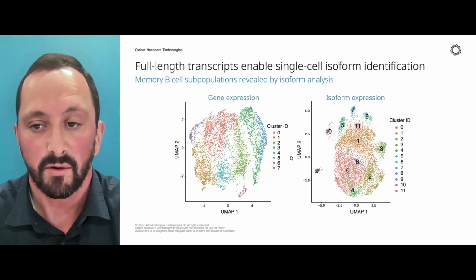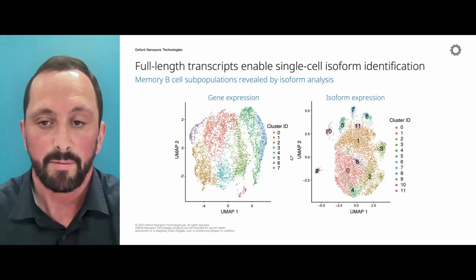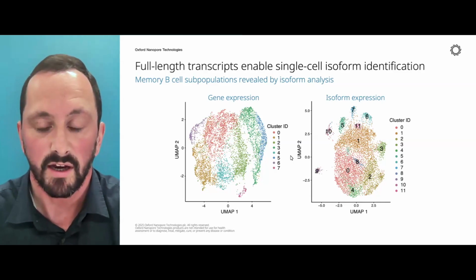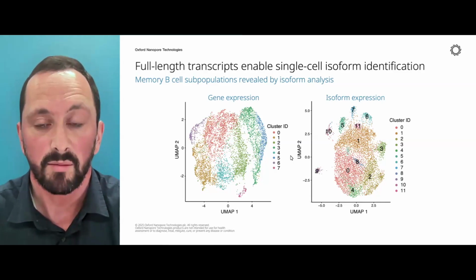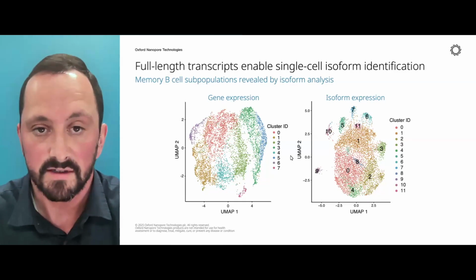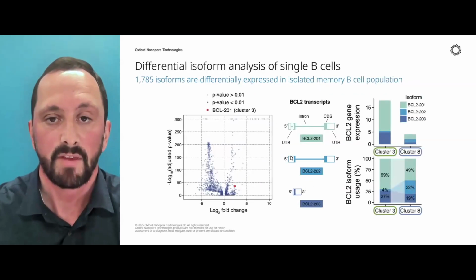And so on the isoform expression, we do start to see more subpopulations of B cells that are expressing similar isoforms. So this is a really powerful way to get at underlying biology. These are all memory B cells, all the same types of cells, but we're starting to see subclustering of these very similar cells based on the isoform expression.